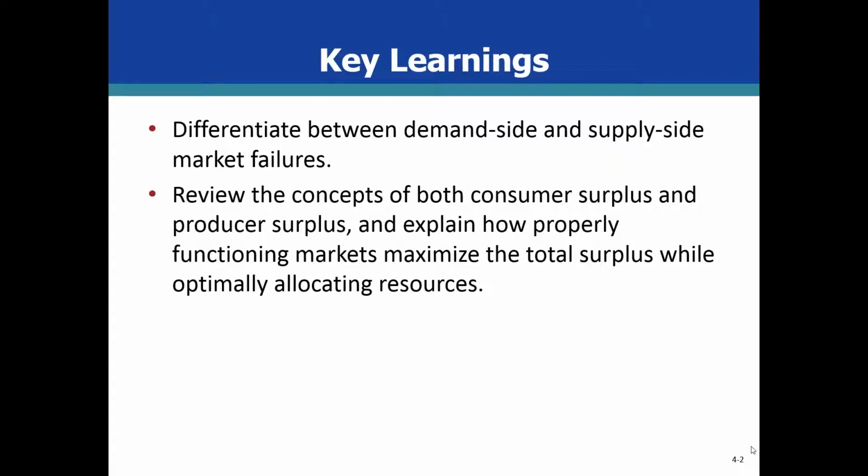We will review the concepts of consumer and producer surplus and explain how properly functioning markets maximize the total surplus while optimally allocating resources. It's going to give you a broader perspective than just a typical demand and supply curve.